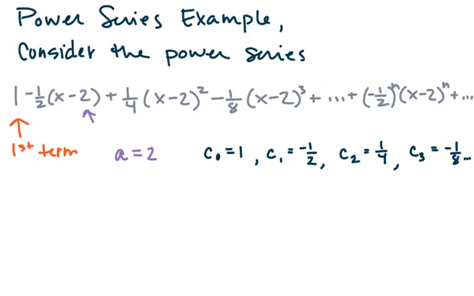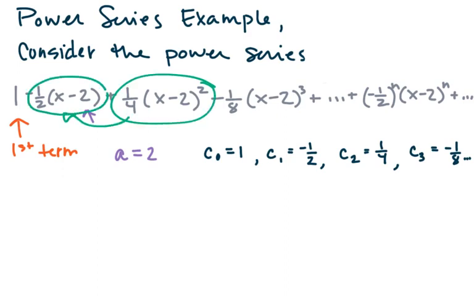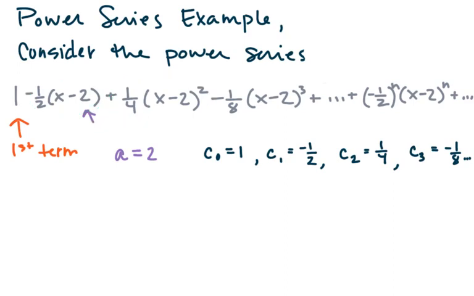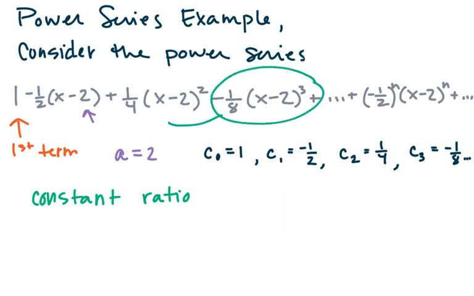I can also determine my constant ratio by taking any term and dividing it by its preceding term. So again, if I take any one of these terms and divide it by the preceding term, I'm going to end up with my constant ratio.